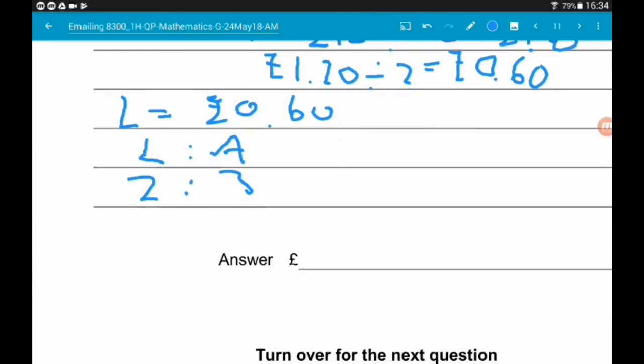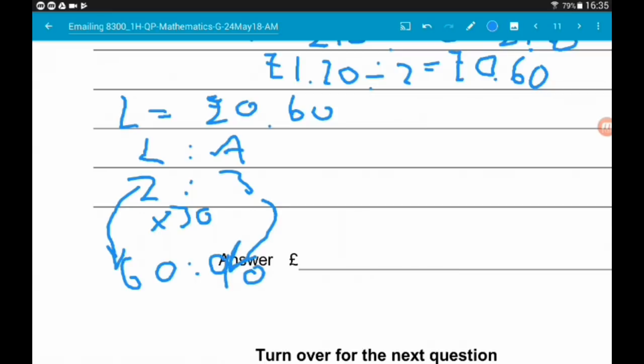Now we know the actual cost of a line is 60p. So, using the ratio on that nugget of information, we're now thinking, well, what would we do to turn it into 60? We would multiply it by 30. So we do exactly the same thing to 3, and that tells us the cost of one arc is 90p.